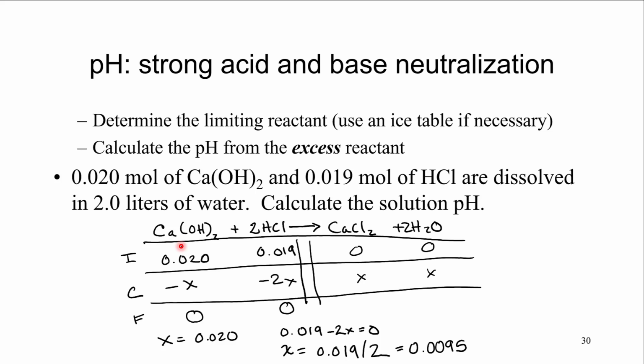So now what I do is I go back to my equation. And my equation is this, and I hope this doesn't confuse you. I'm going to erase this. But again, I needed to do that to check it. And I'm going to say 0.020 minus, and my x value is actually 0.0095, like that.